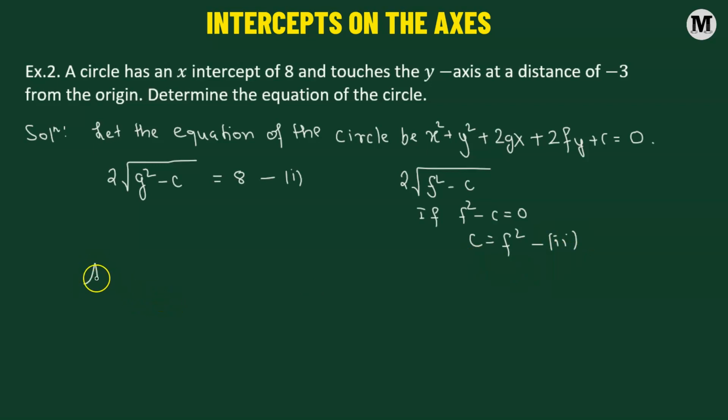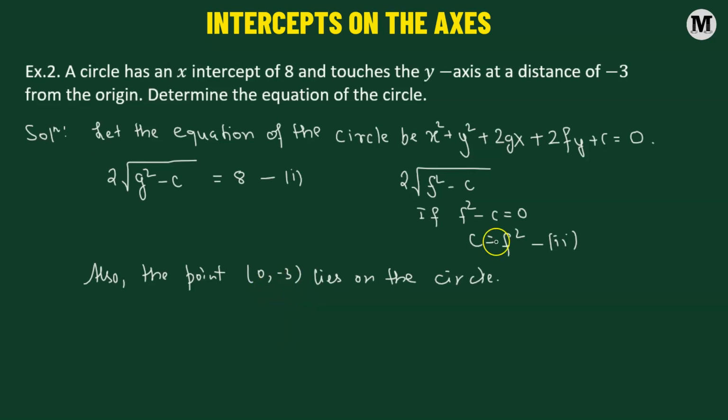Also we can say that the point 0 comma negative 3 lies on the circle. This is the point where the circle touches the y-axis. So it is negative 3 units from the origin, or we can simply say 3 units below the origin. Fine.